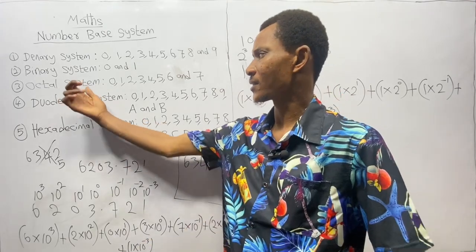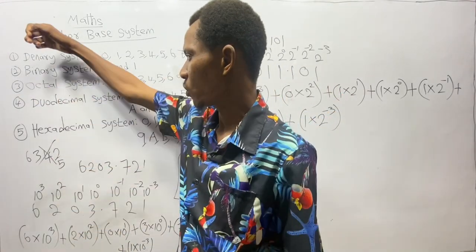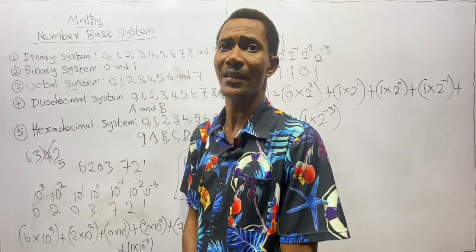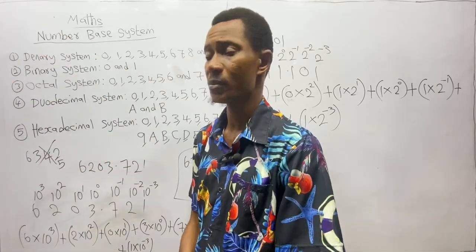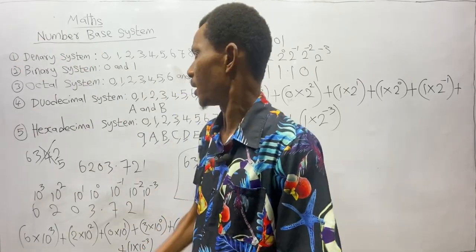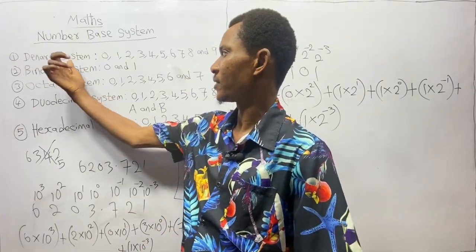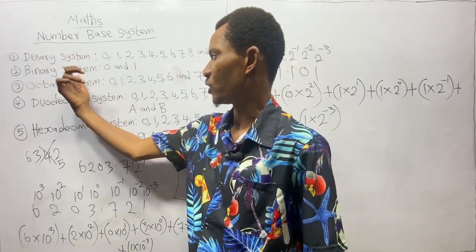Now, why we selected these base numbers out is because these base numbers have specific names. Like this, what? Decimal system, that's base 10. Binary system, that's base 2.